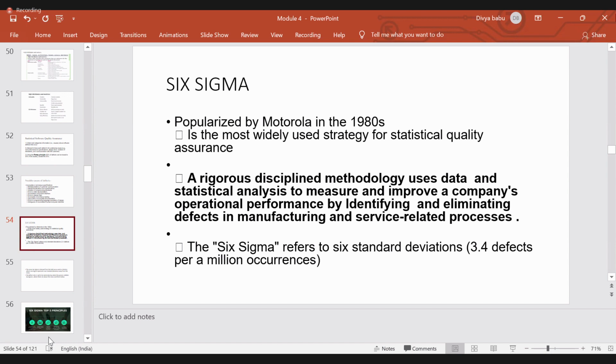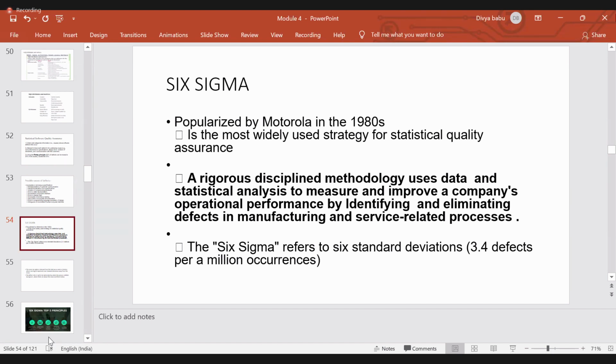A rigorous, disciplined methodology that uses data and statistical analysis to measure and improve a company's operational performance by identifying and eliminating defects in manufacturing and service-related processes. This is the single sentence explanation or definition for Six Sigma.